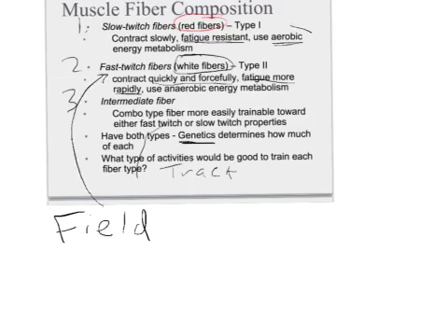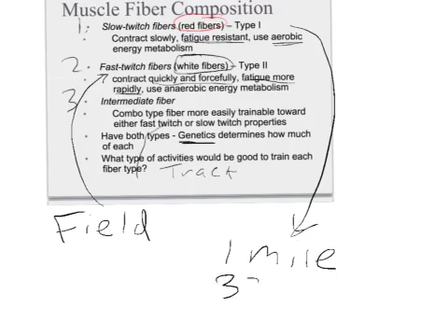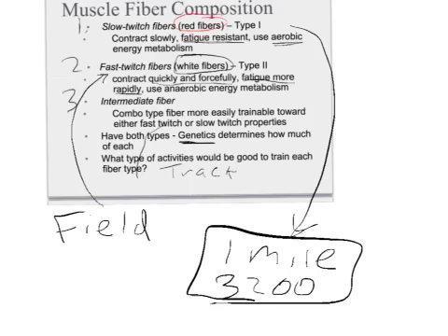And then if we want to talk slow twitch, we would talk more 1 mile and maybe the 3200. So on and so forth. Those would be a couple examples just in track of where different events would fit. The field events, it's the long jump and triple jump, and the high jump, just so you have that idea.